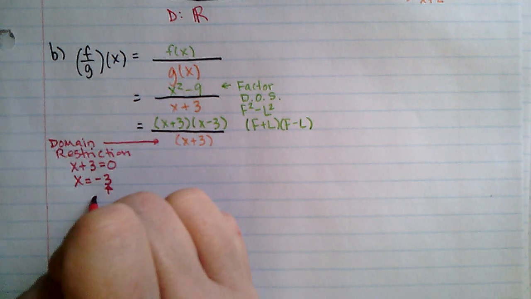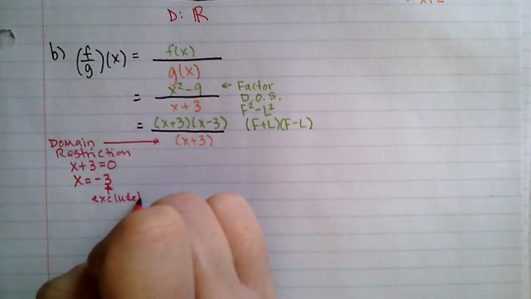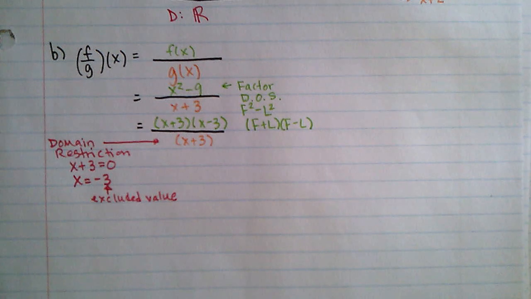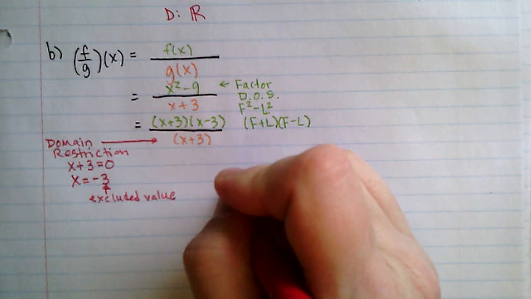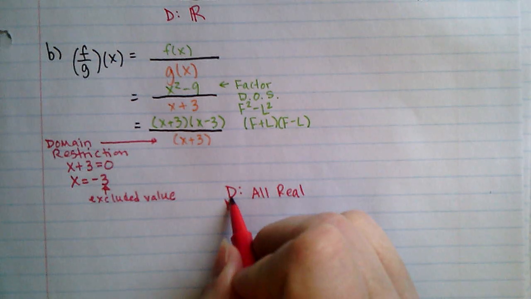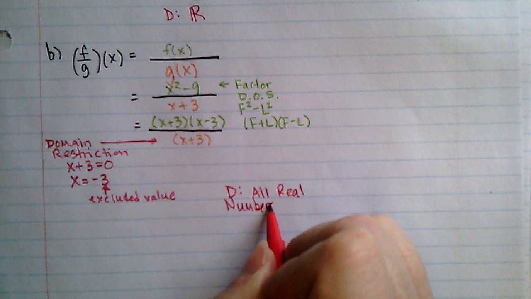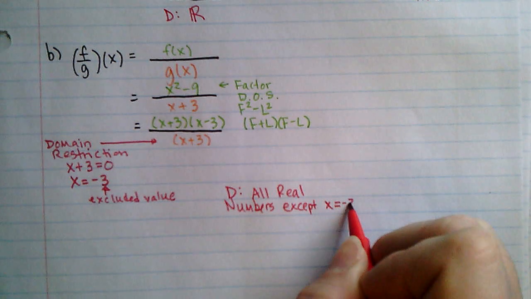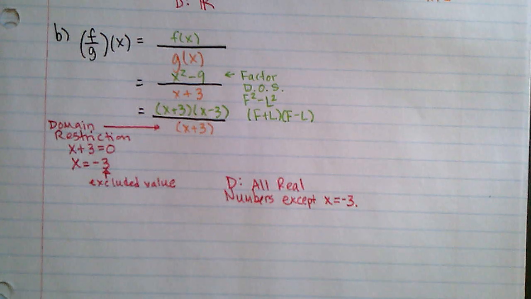X equals negative 3 is my excluded value. So when I get to my answer, the domain is going to be all real numbers, except x equals negative 3. I have to leave that out of the domain.